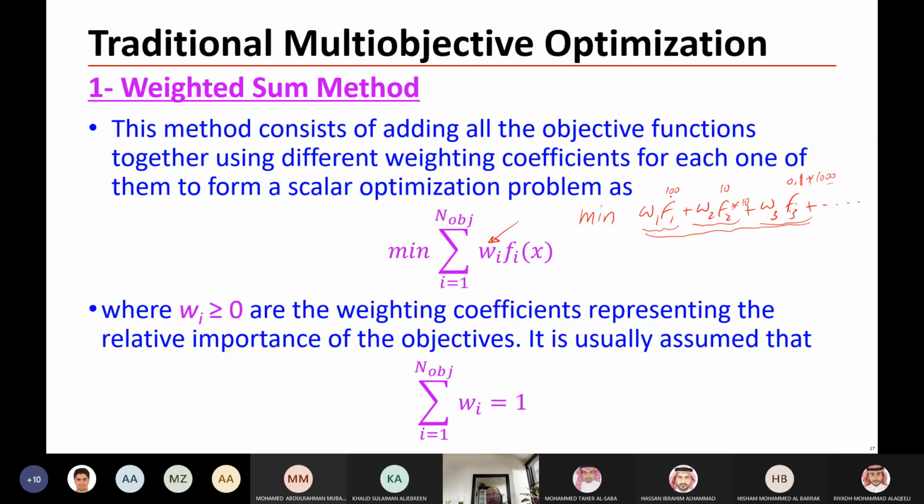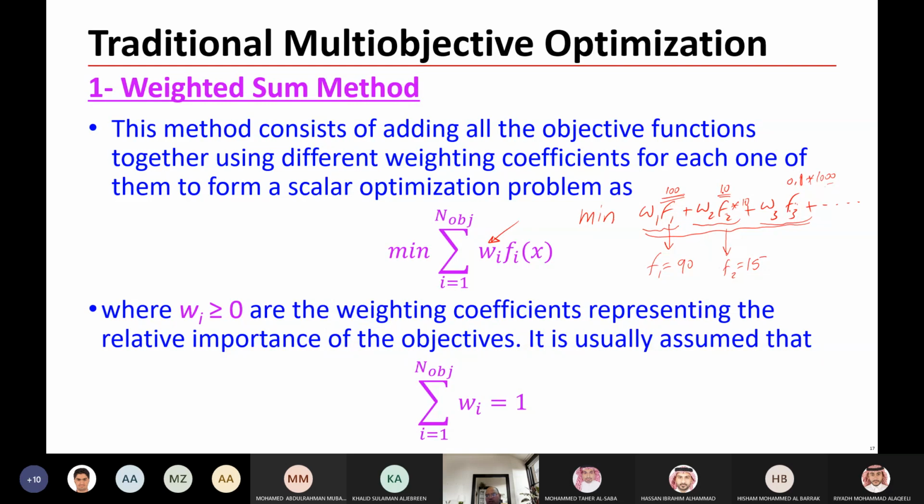For example, if this objective is 100 and this is 10, and you need to minimize all the objectives, one of the solutions can give you F1 equal to 90, and this gives you F2 equal to, for example, 15. So 90 is better than 100, as you are minimizing.